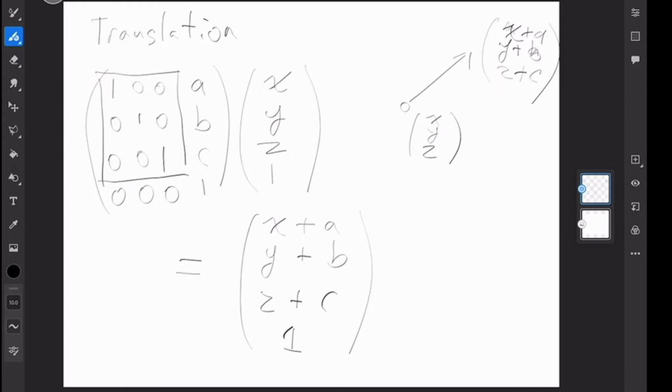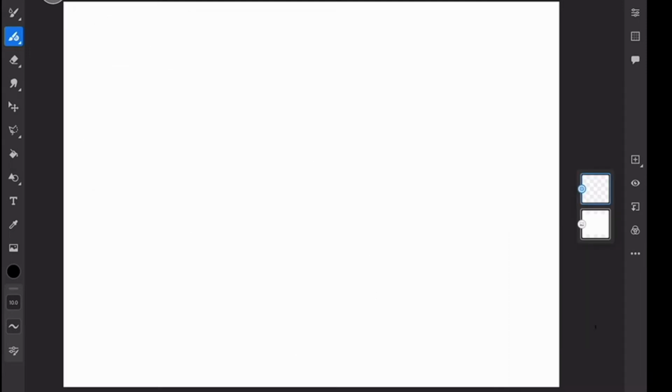The upper 3x3 usually tracks scaling and rotation. So we can see no scaling and rotation has really been applied here. That's retained. It's just the right column that is tracking translation, which we can see has been applied there. Okay.